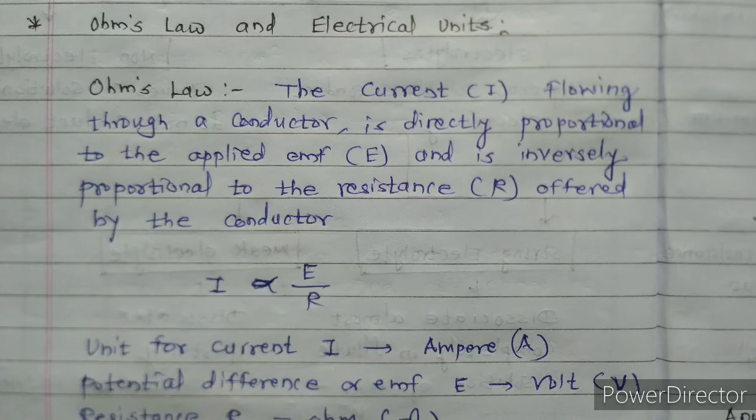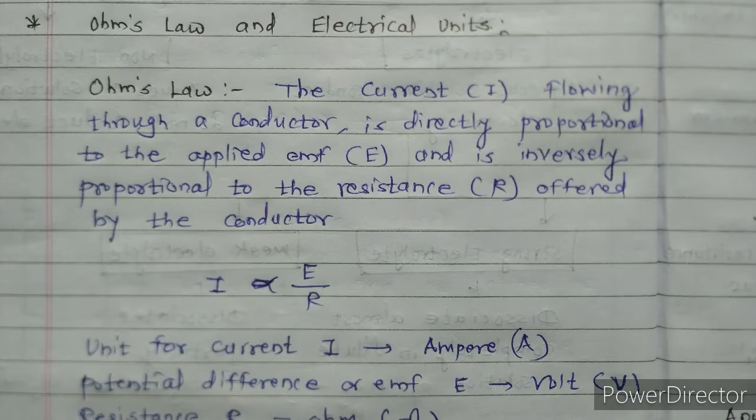Now we discuss some basic laws and their electrical units to understand the topic electrochemistry. The first law is Ohm's law. Ohm's law states that the current I flowing through a conductor is directly proportional to the applied EMF and inversely proportional to the resistance offered by the conductor.